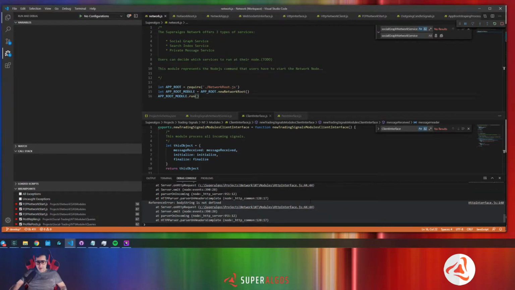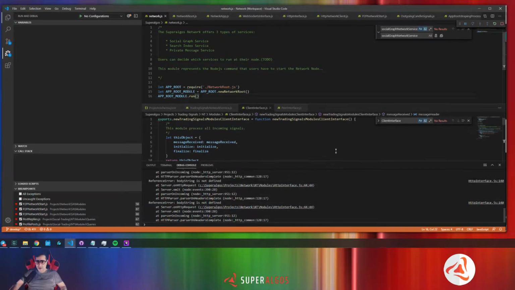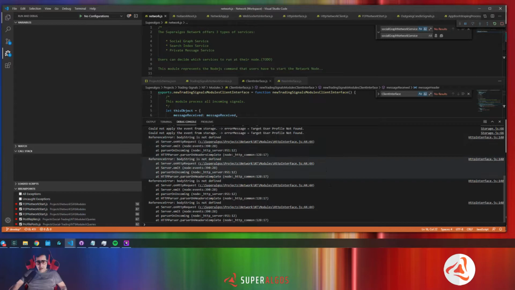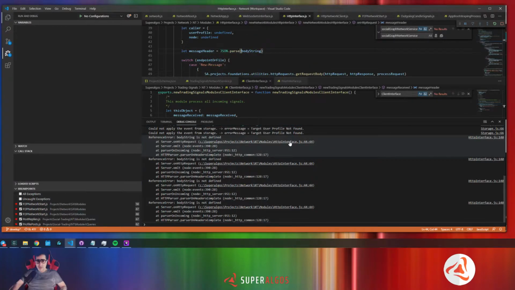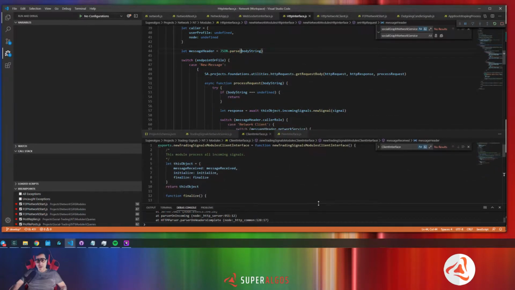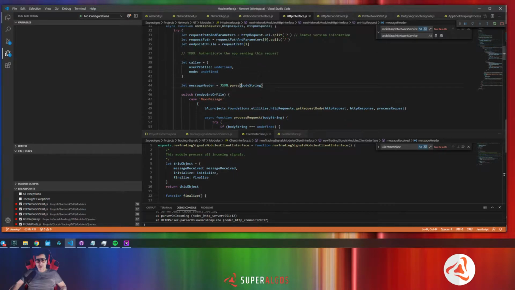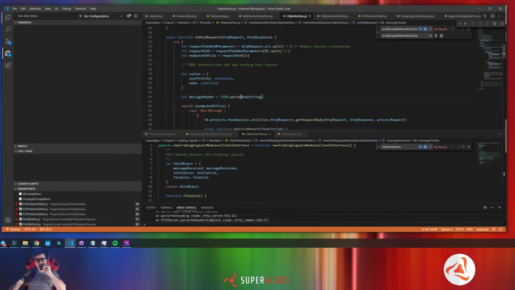Yeah, we have a clear message here. Body string is not defined. And this is 100% related to what we were coding at the last episode.